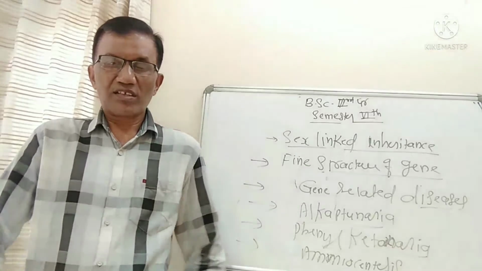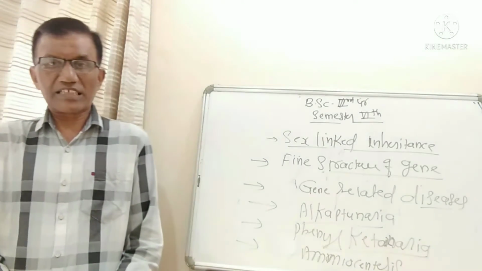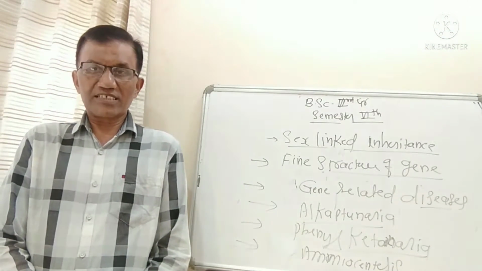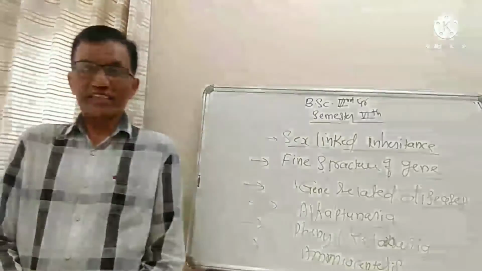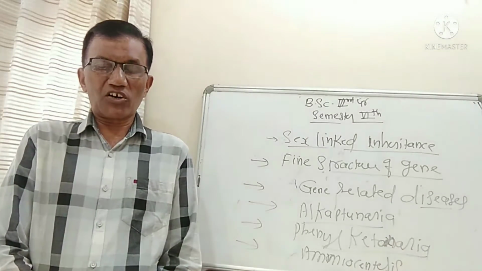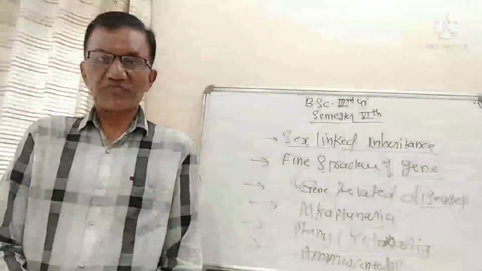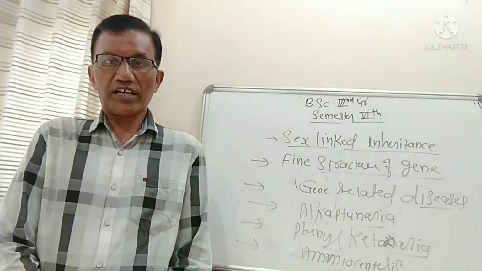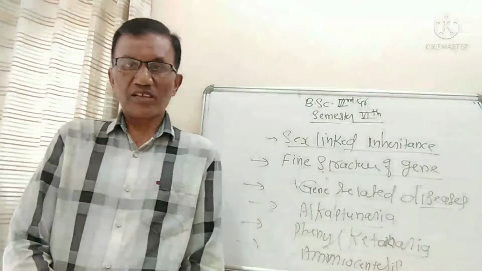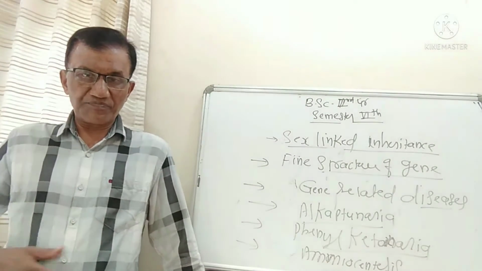For example, color blindness, night blindness and hemophilia are important diseases related to X-linked inheritance. Then the presence of hair on the pinna is Y-linked inheritance, called Hollandric genes.